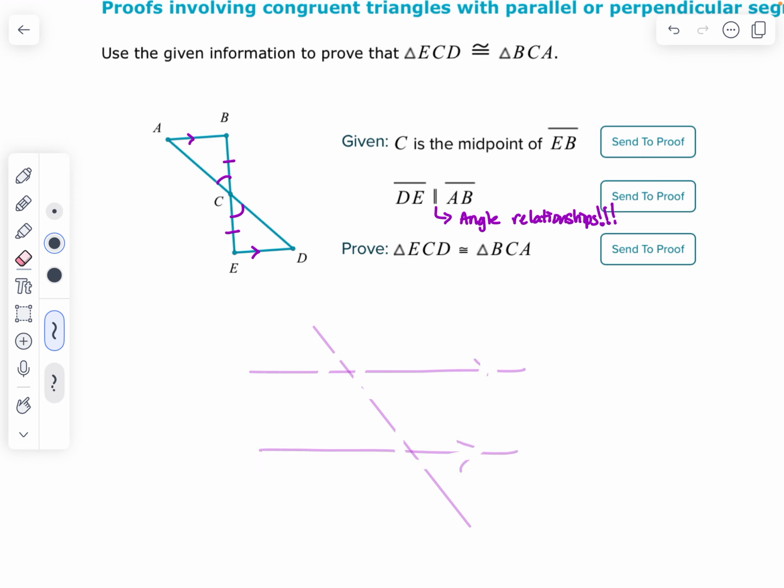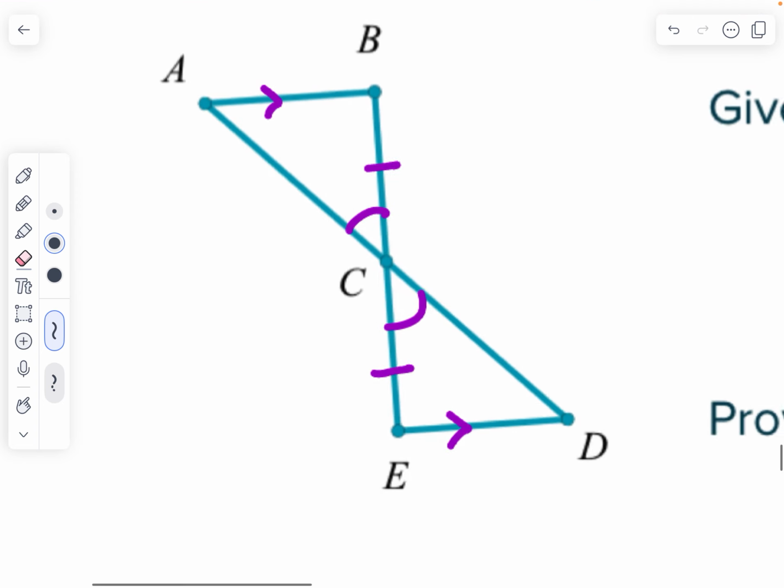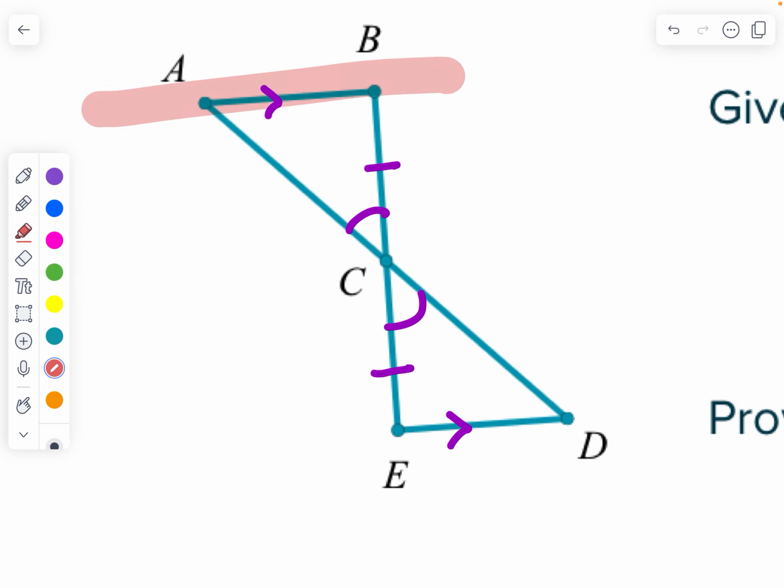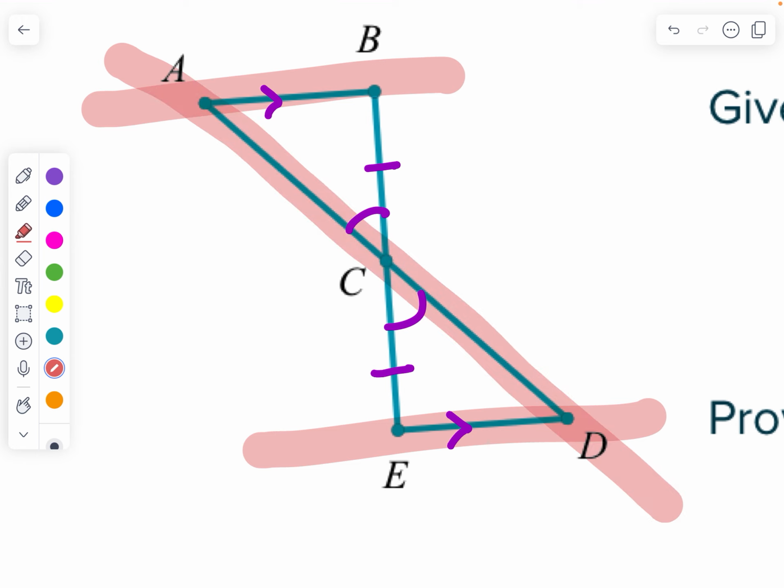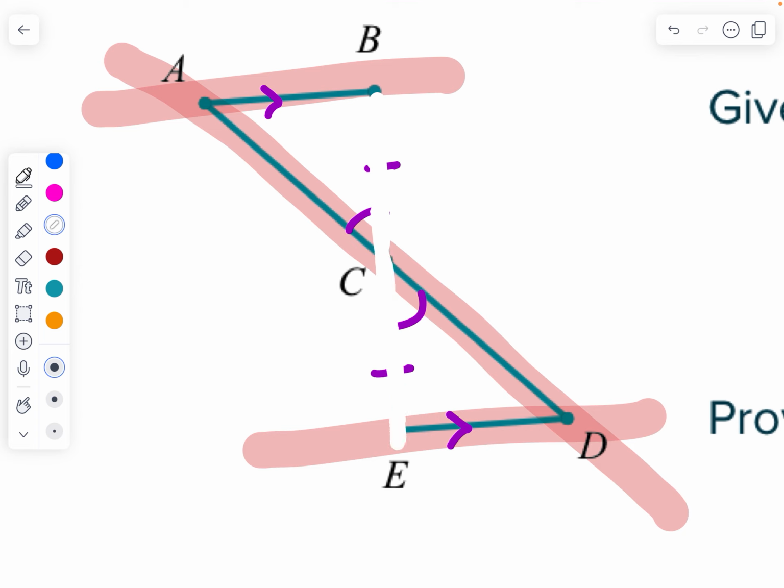So let's head on over here. Got parallel lines cut by a transversal, and for the only angles on that transversal, you need to literally try and imagine that this line disappears. Look at that, gone from your view.